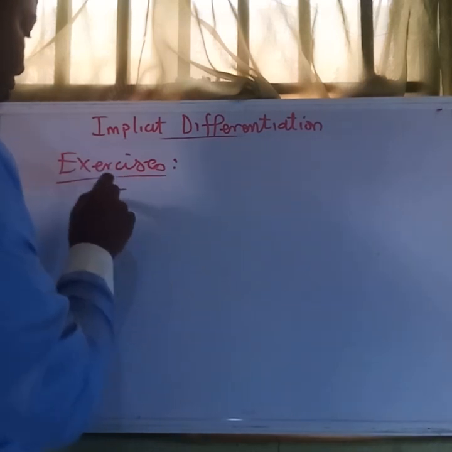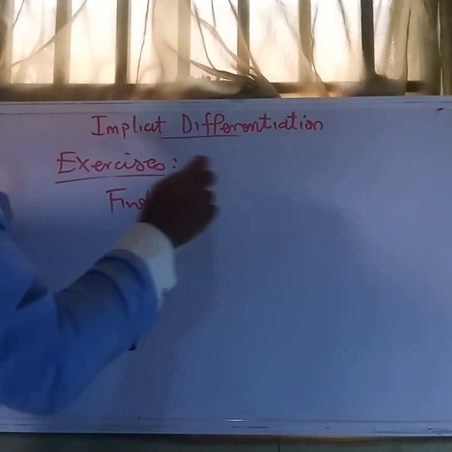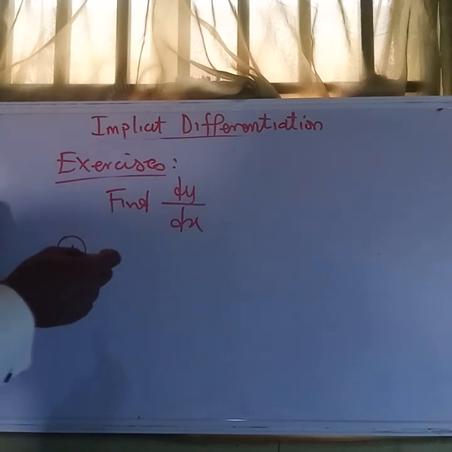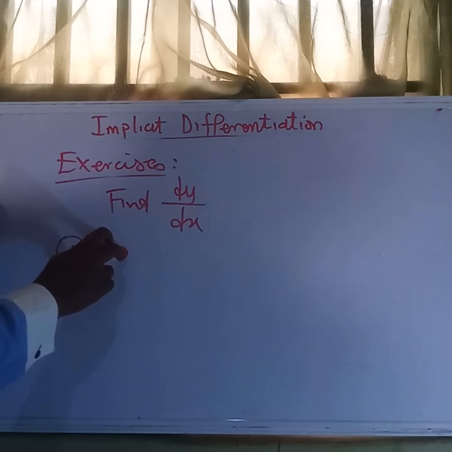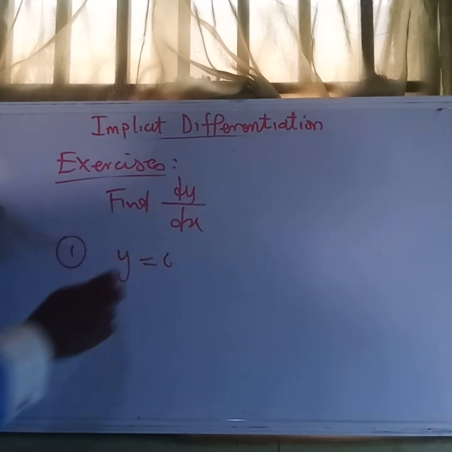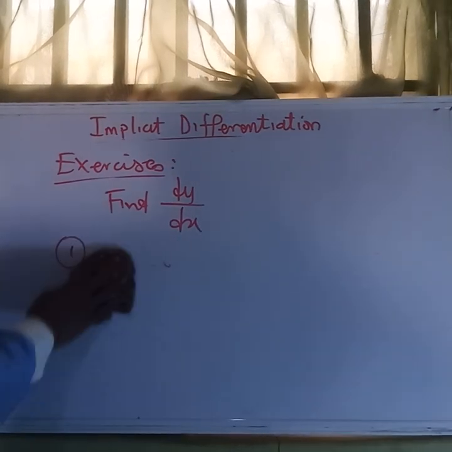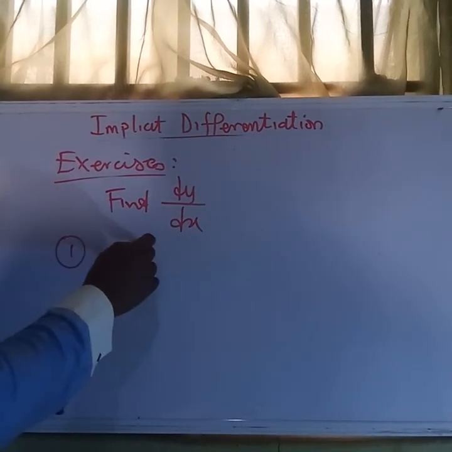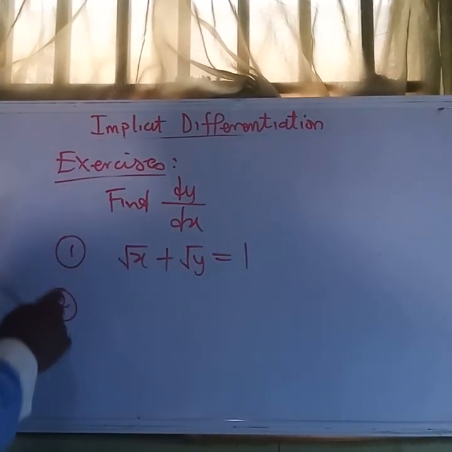Find dy/dx in the following. Let's have an implicit type here. The first one: the square root of x plus the square root of y equals 1.